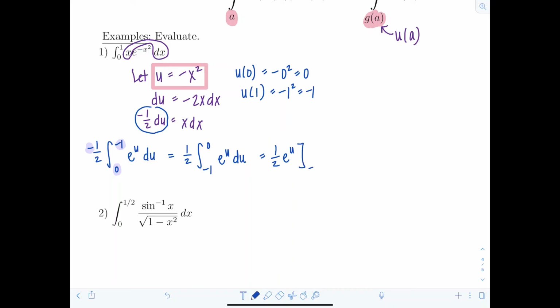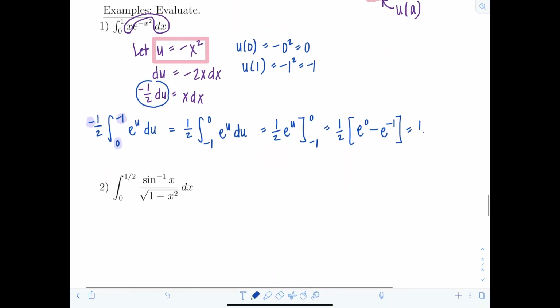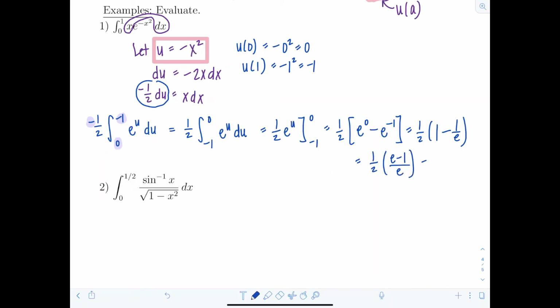We're going to evaluate from negative 1 to 0. Let's keep that 1/2 outside. Then I have e to the 0 minus e to the negative first. So this is going to be 1/2 times (1 minus 1 over e), since e to the 0 is 1. If you need to get a common denominator, that would be (e minus 1) over e. So you could write it as (e minus 1) over 2e.